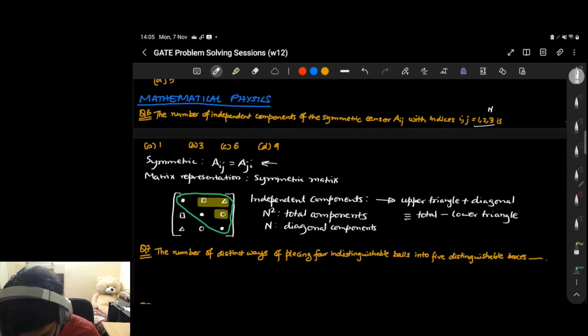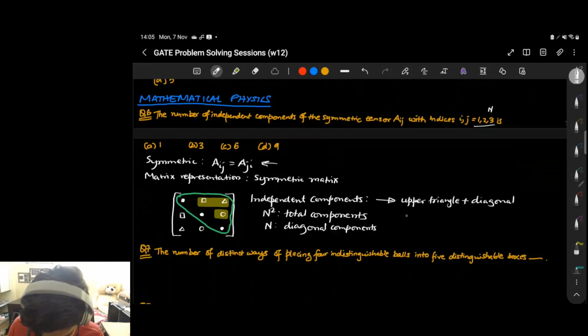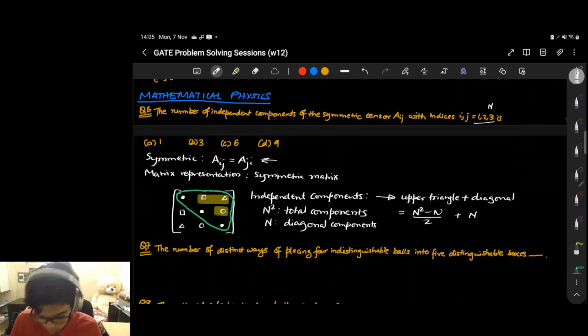So upper triangle plus diagonal: the upper triangular elements are n squared minus n over 2, and the diagonal is n.